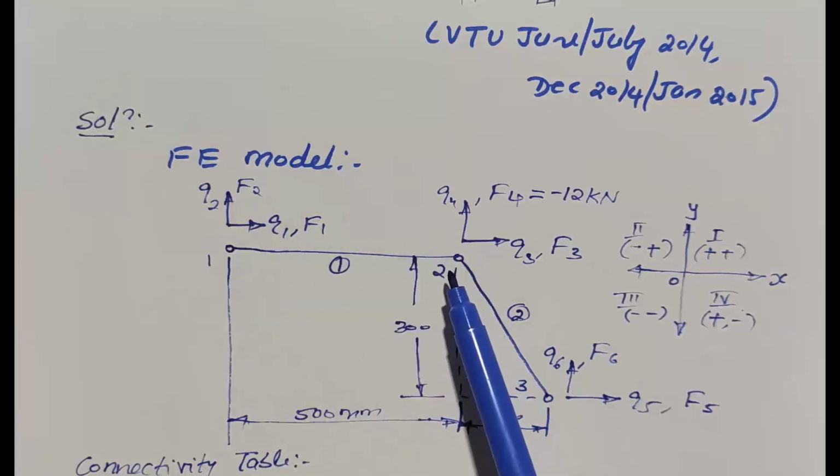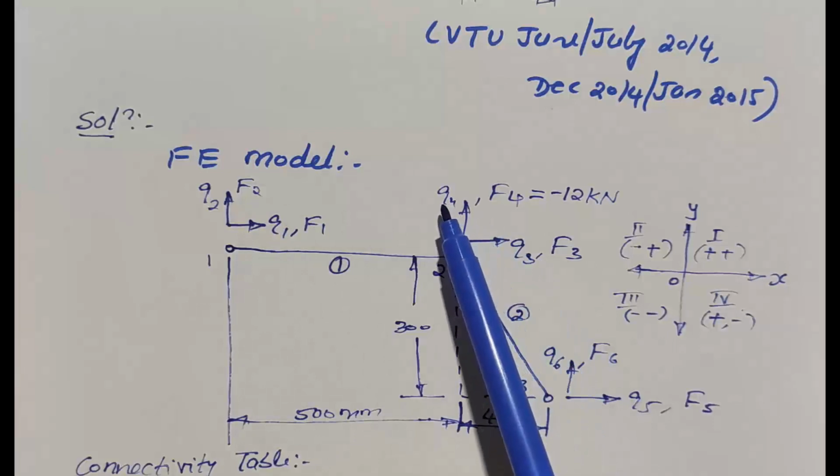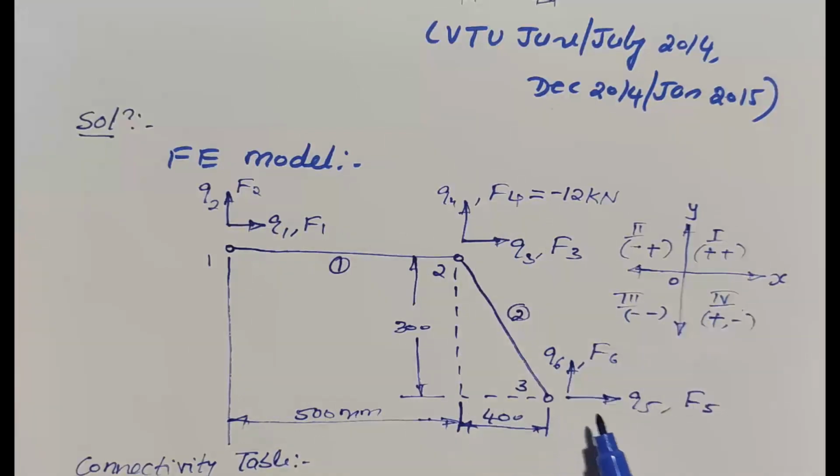For node 2 the displacements are Q3, Q4. And for node 3 the displacements are Q5, Q6. Means here the total number of degrees of freedom for this truss structure is 6 because there are 3 nodes. Each node has got 2 degrees of freedom. Here the order of the stiffness matrix will be equal to the total number of degrees of freedom. So total DOF is 6. That's why the order of the stiffness matrix will be 6 cross 6.